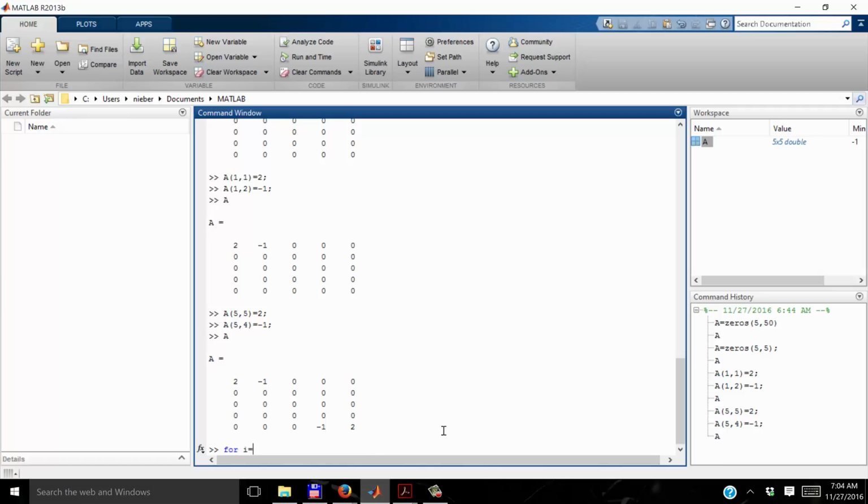command. So what we're going to do is go from row 2 through row 4, and fill in.